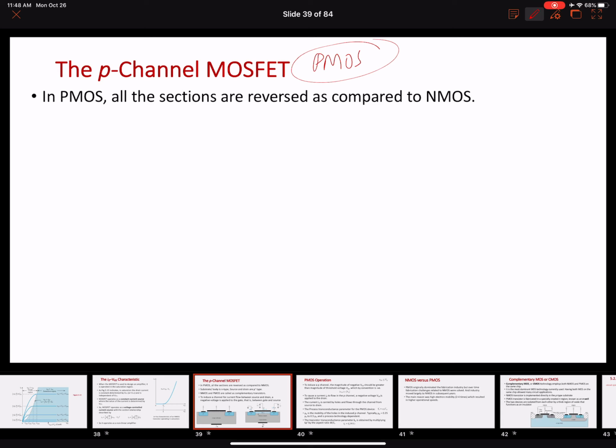The only thing that is reversed is that rather than having a P-type substrate, we are going to have an N-type substrate. Rather than having an N-type source and drain, we're going to have a P-type source and drain. And we will see that in order to operate the PMOS in the same way as we operated the NMOS, we need to reverse the polarities of the batteries too. Otherwise, the operation is pretty much the same.